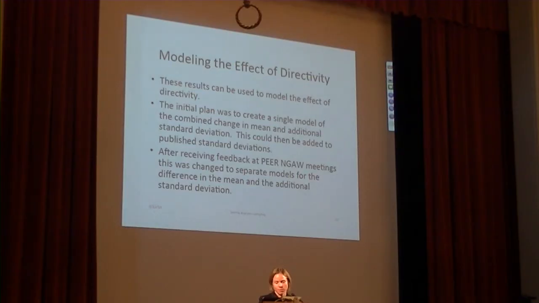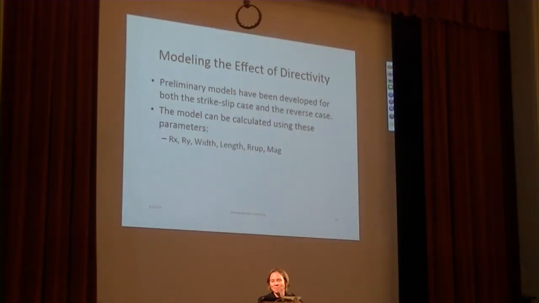But after showing this at a few of the PEER NGA-West2 meetings, I decided to make two models instead, one for the change in mean and one for the additional standard deviation, so that you can look at them separately. That seemed to be what everybody wanted instead.